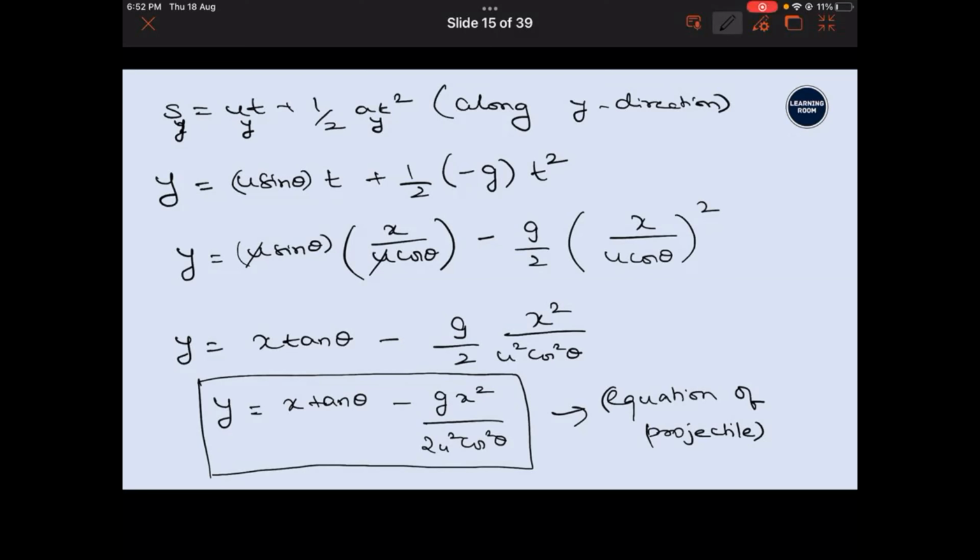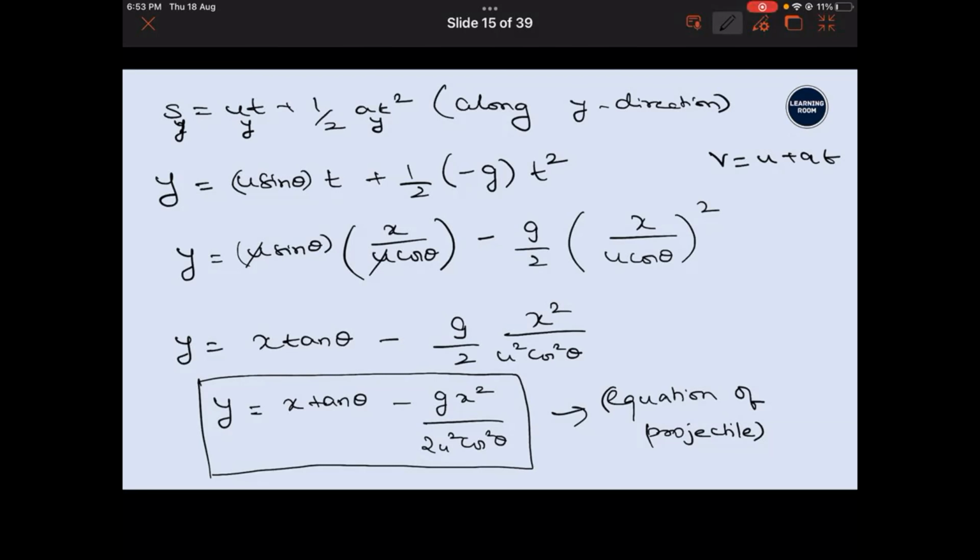There is no physics parameter involved in this except initial velocity and acceleration due to gravity. You don't have time at all. Is it clear? For example, when you had v is equal to u plus at, you call this also an equation, but that is the equation of motion, whereas this one is the equation of projectile.